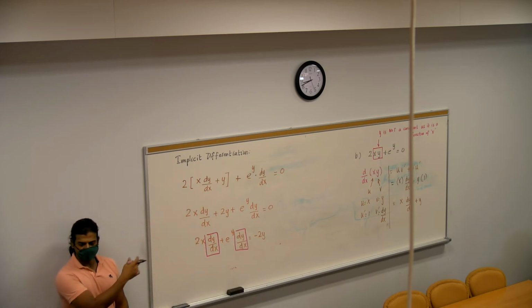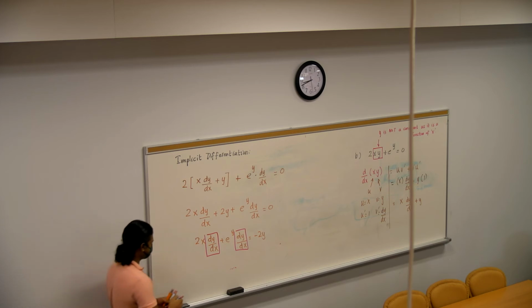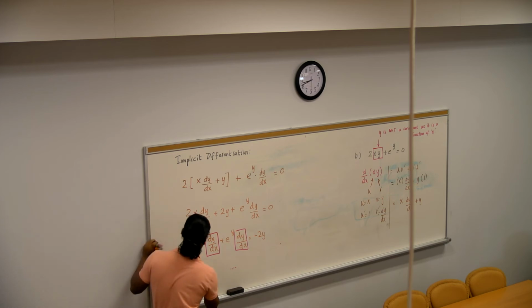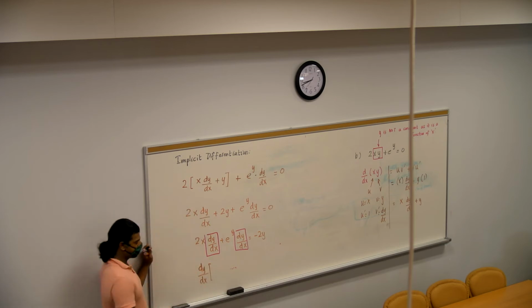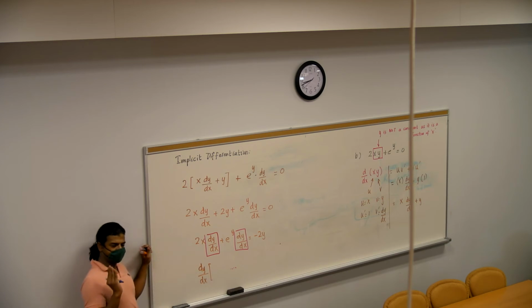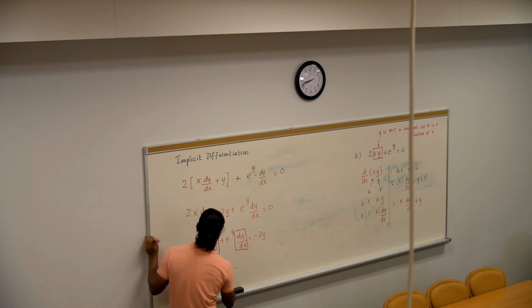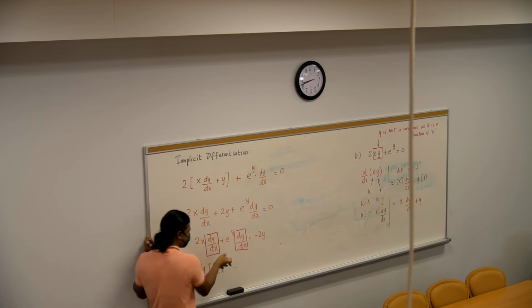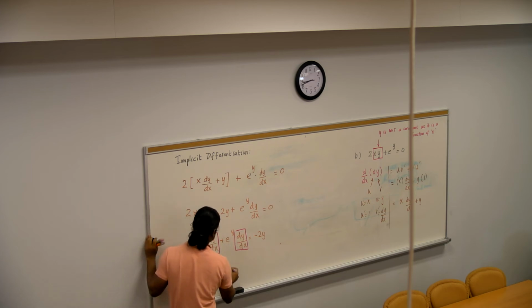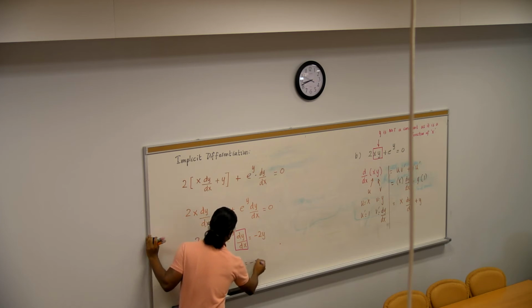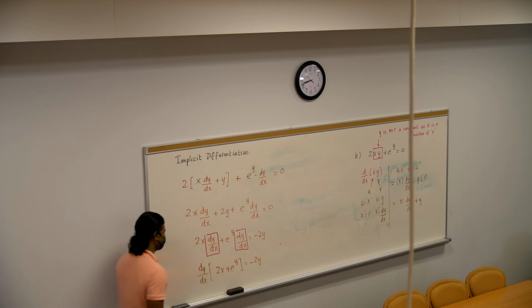dy over dx is common in both terms, so I can pull that out. If I pull that out, in the first term, I would leave behind 2x. In the second term, I would leave behind e raised to y. And that would equal negative 2y.